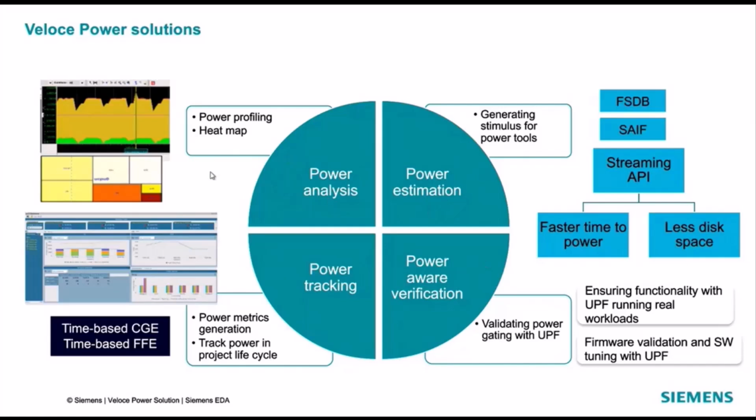With Veloce full visibility, power profile and power metrics can be generated for the entire design. In addition, the power tracking capability enables tracking this information over the lifetime of the project for each RTL revision and seeing the trend of their progress in terms of power.